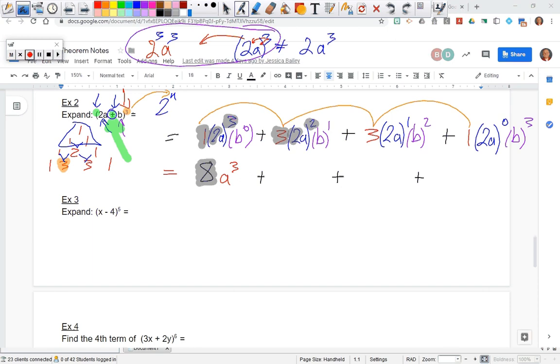And what do I have? 12 a squared b. What's my next coefficient? 6 ab squared. Those are not the same. A squared b is not ab squared. So you can't add those and say 18. You know what I mean?